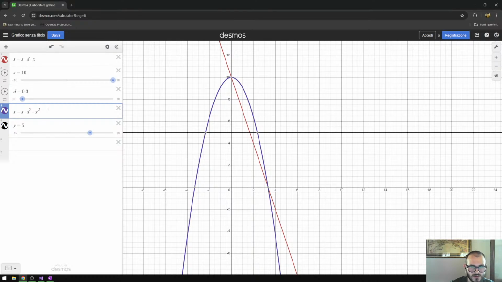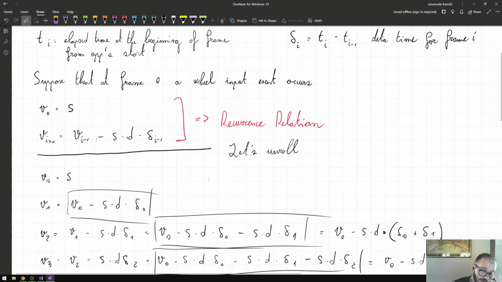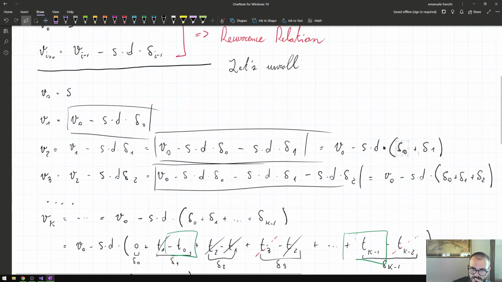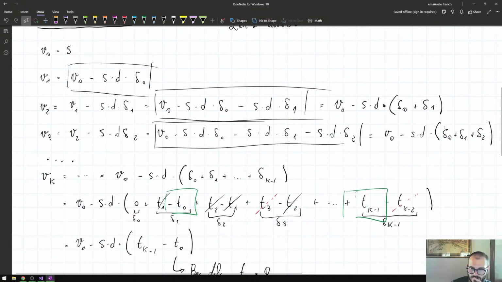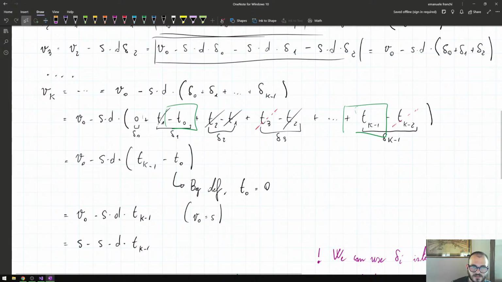Probably I'm not doing things right, because I have to solve a new recurrence relation, and I have to solve something which has this squared, which is not a problem, but this squared plus this squared, which would translate to d squared plus d squared, but the problem is that this is 0, this squared is t1 minus t0 squared, which is t1 squared plus t0 squared minus 2 t0 t1.